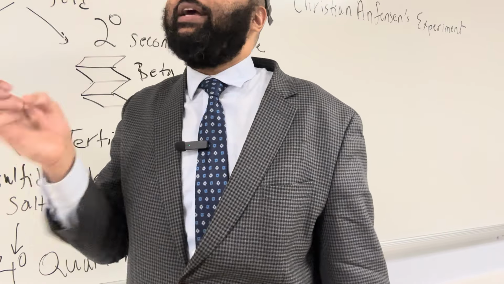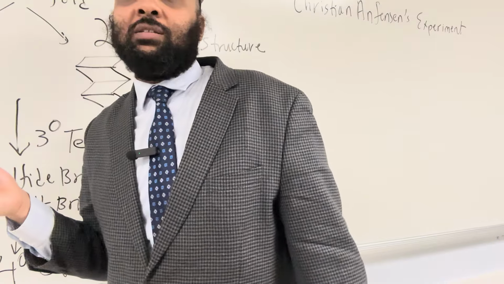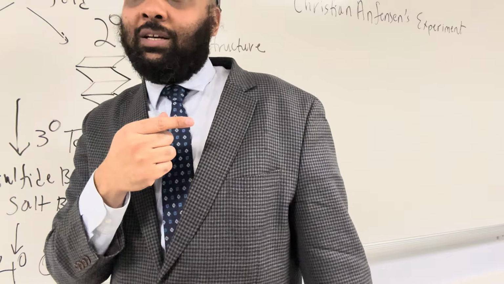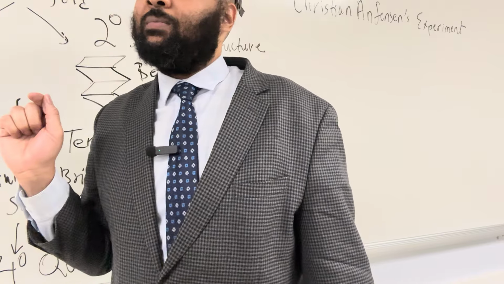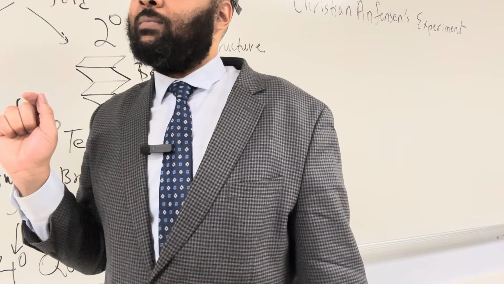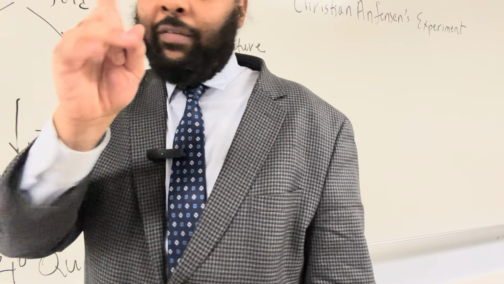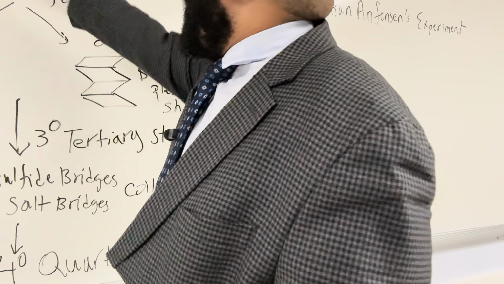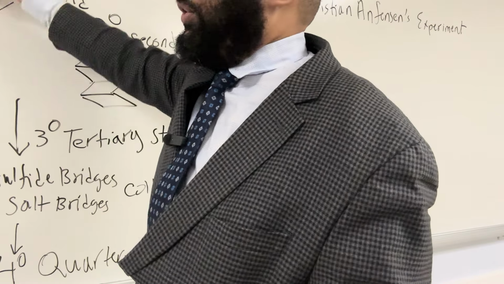Now, this folding is based on what types of bonds? We talked about them last week, those dashed bonds. Yeah, intermolecular bonds, hydrogen bonds. Very good. Those are not covalent bonds. No R substituent between 1 and 2 is going to form a covalent bond and share electrons between amino acid 1 and 2. No sharing here.